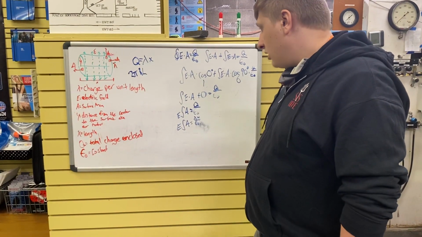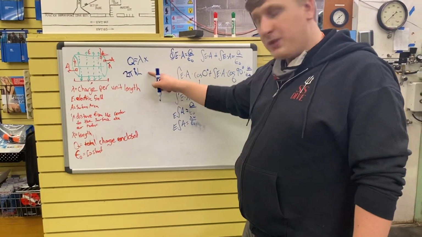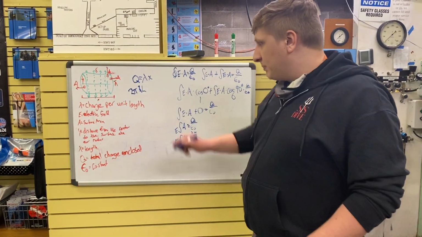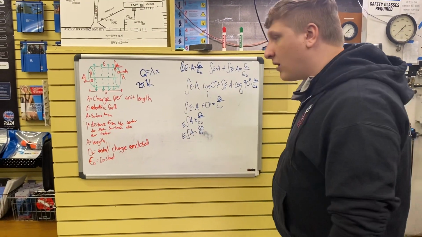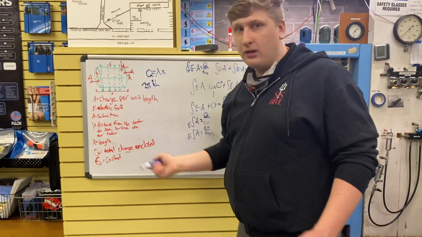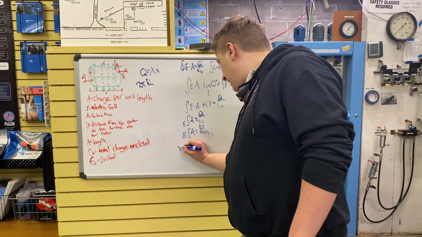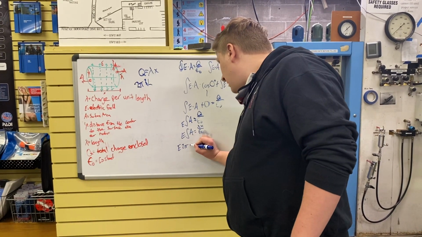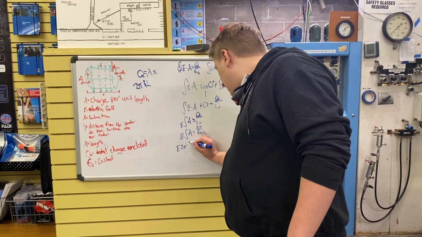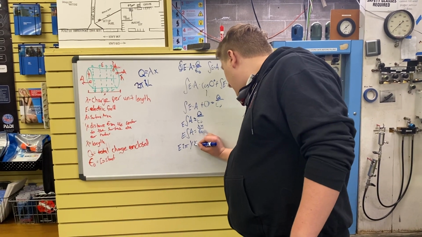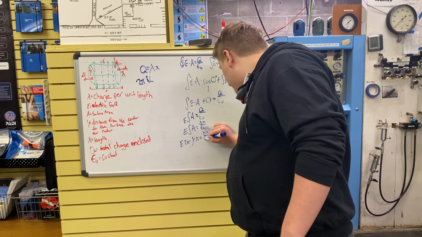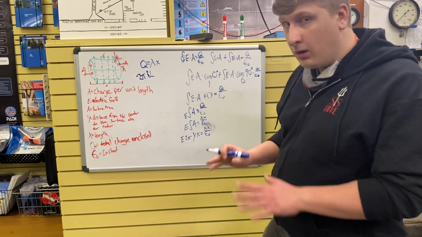So we put this where that integral A is, but instead of putting R and L, we'll put Y and X, because that's how we have it labeled here. So E times 2 pi times Y times X, which equals lambda X over epsilon 0. All right, we're almost there.